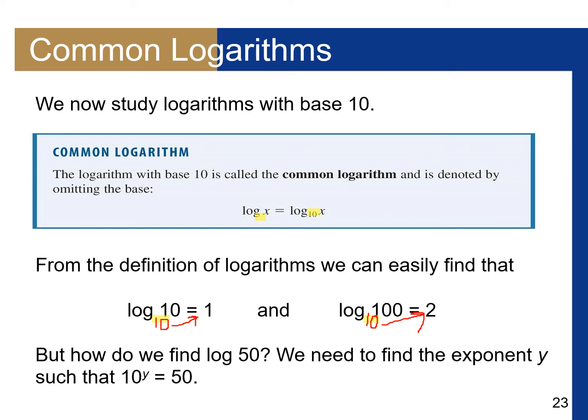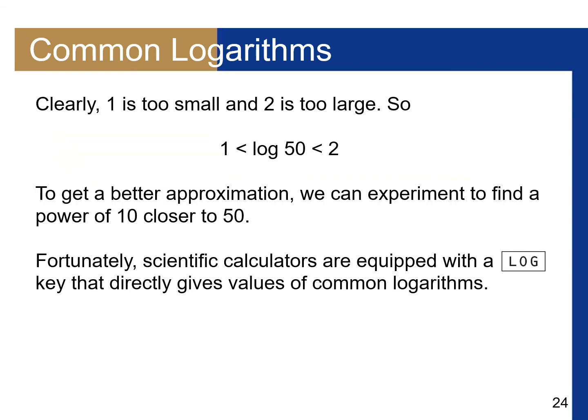So how do we find log of 50? We need to find the exponent such that 10 to the whatever power is equal to 50. And that's where our calculator will come in handy. Okay, so we can see that in this one, our graph 1 is going to be too small because 10 to the first is just 10, and 10 to the second is 100.